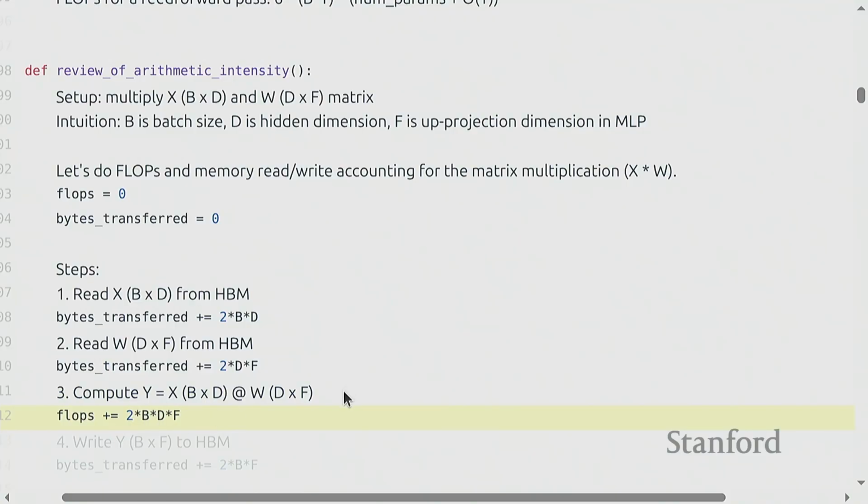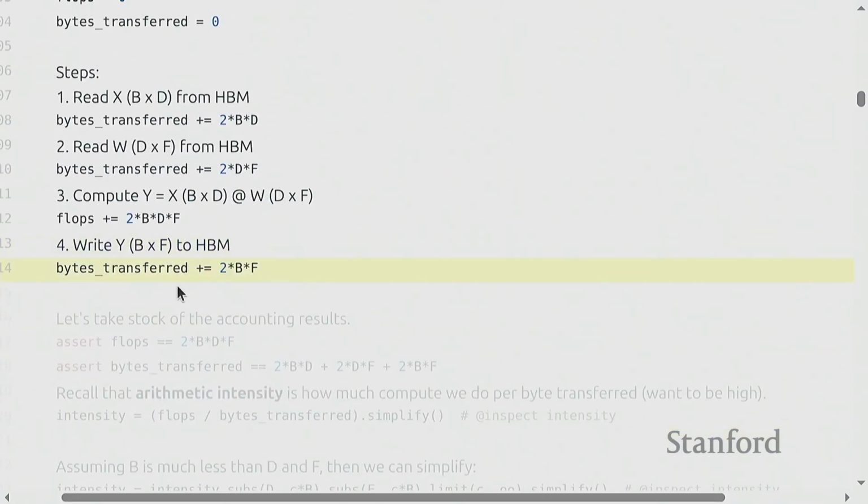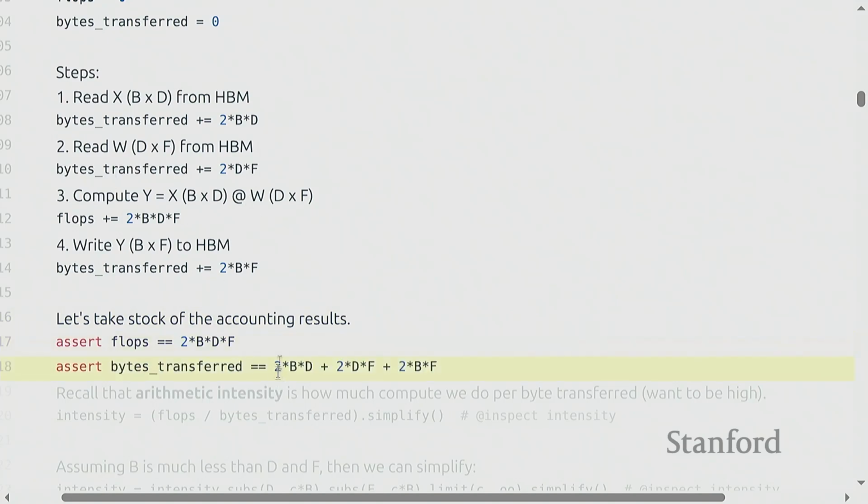Remember, this is from the first lectures. Hopefully this is review. And then you have to write it back out, which means you have to pay another transfer. So the total number of FLOPs is just the matmul, and the number of bytes transferred is essentially the size of all the matrices that are read and written.